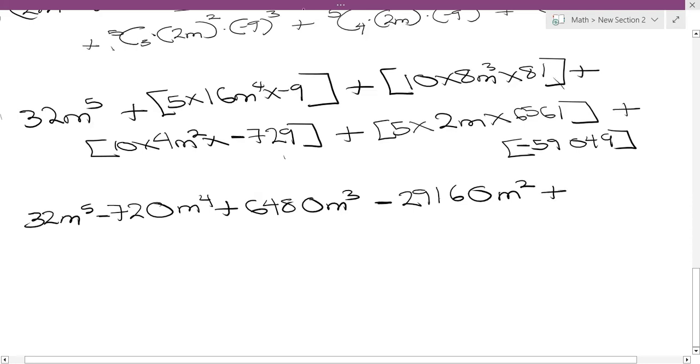Plus we have 5 times 2 times 6561, which is 65610.